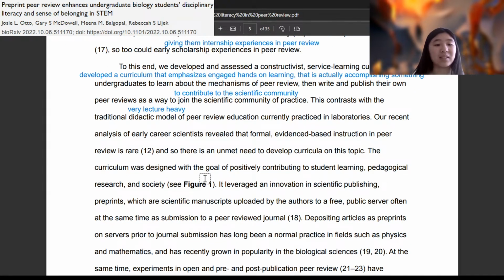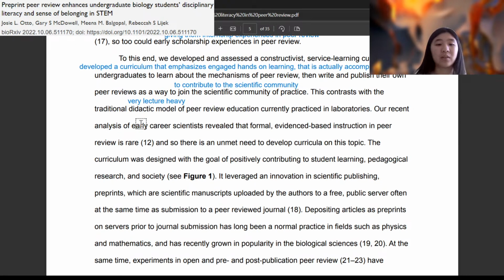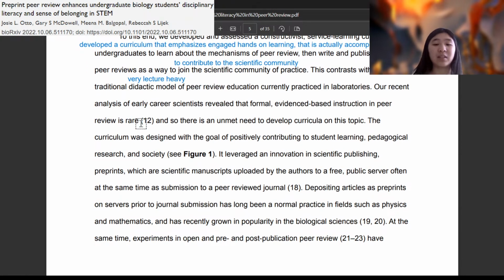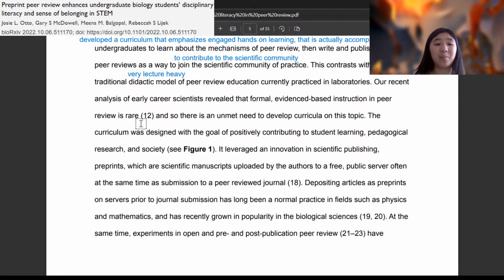So our recent analysis of early career scientists revealed that formal evidence-based instruction in peer review is rare. And so there is an unmet need to develop curricula on this topic. The curriculum was designed with the goal of positively contributing to student learning, pedagogical research, and society.